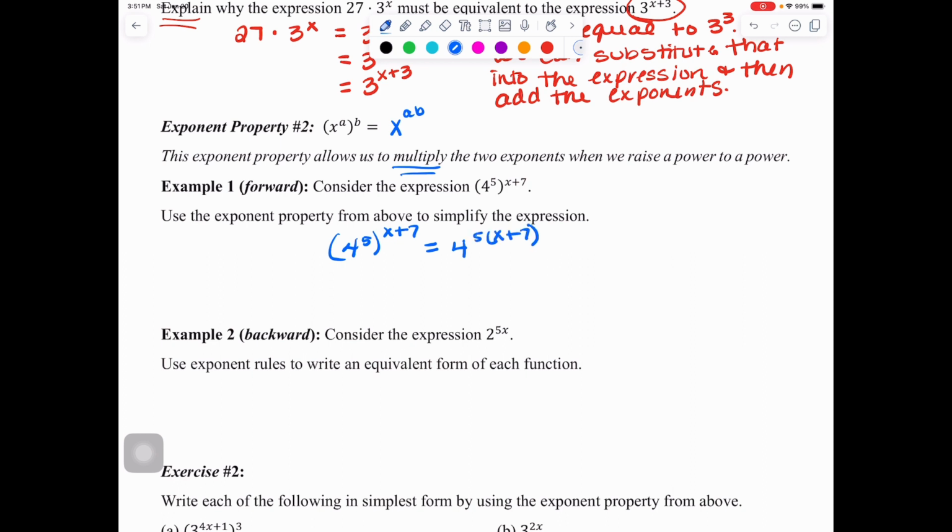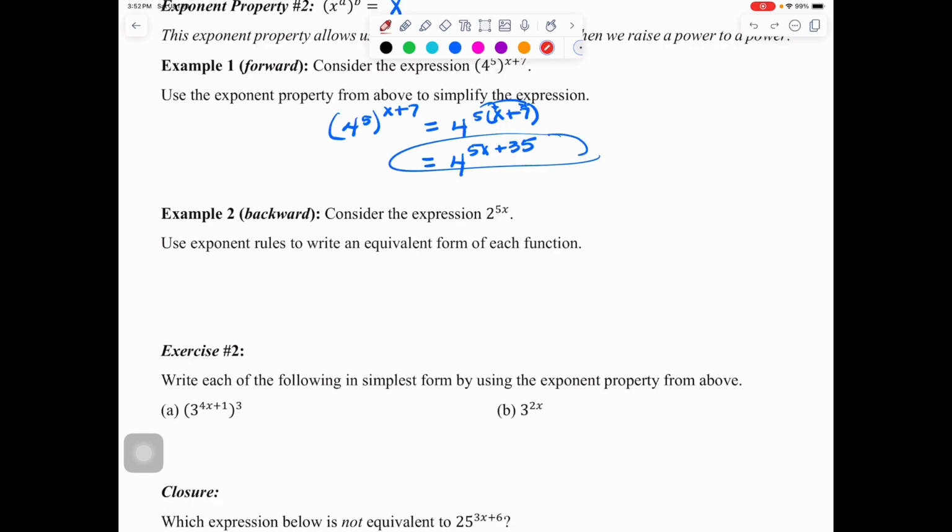We're going to take our two exponents, 5 and x plus 7, and multiply them. So that's actually going to be an application of the distributive property. So our final answer is going to be 4 to the 5 times x is 5x, and 5 times 7 is 35. So this would be our answer. And we're using the same exponent rule that we're used to using for power to a power: keep our base, multiply our exponents.